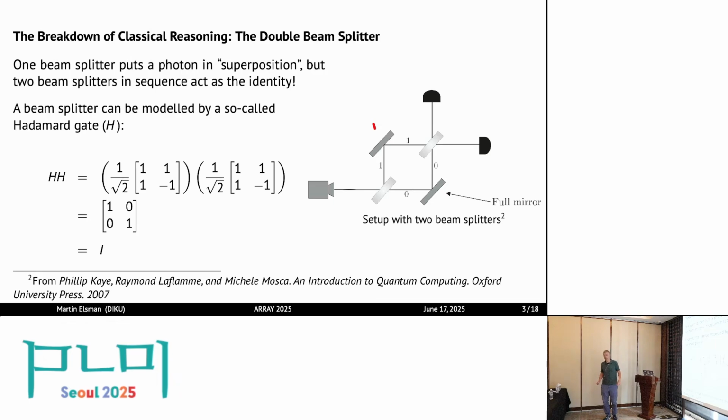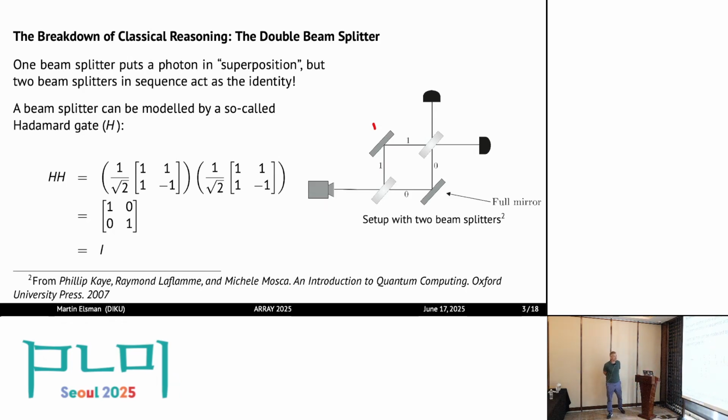So just to show a little bit of quantum here, this breakdown of classical reasoning, the double beam splitter example. Here we have a situation drawn by this picture, where we have a source of electrons, these photons that are beamed into these beam splitters. The beam splitters are shown here, and then you have mirrors up there.